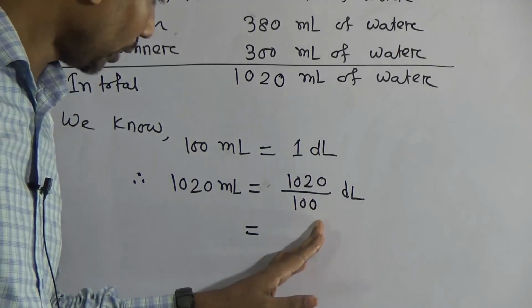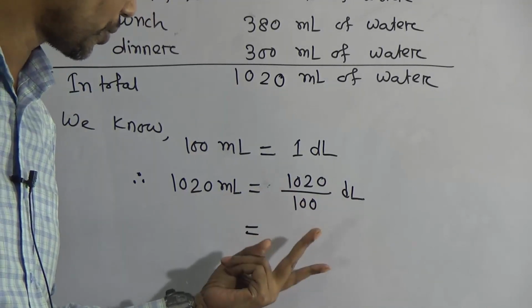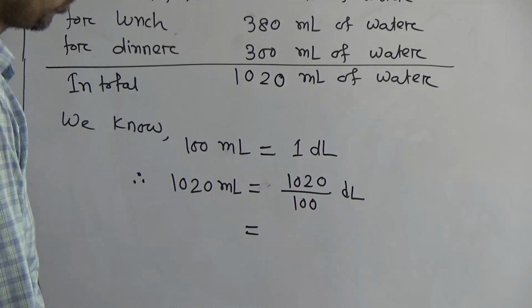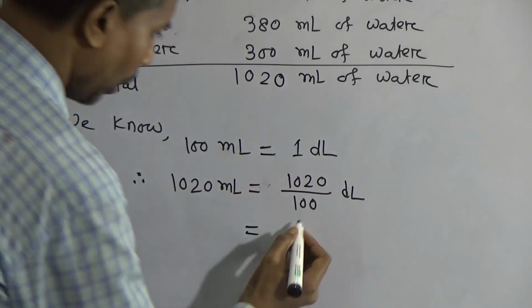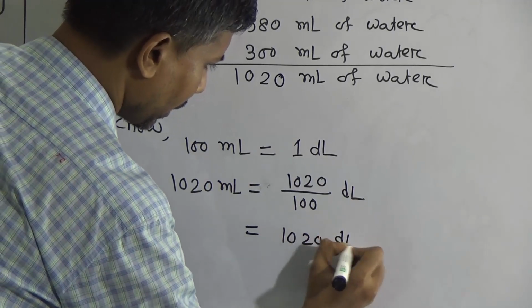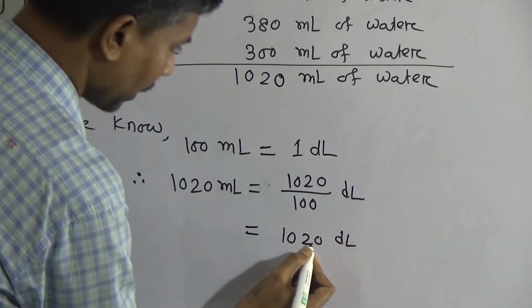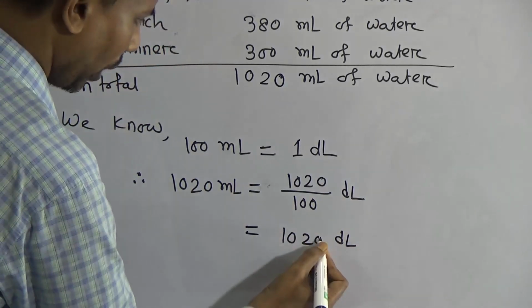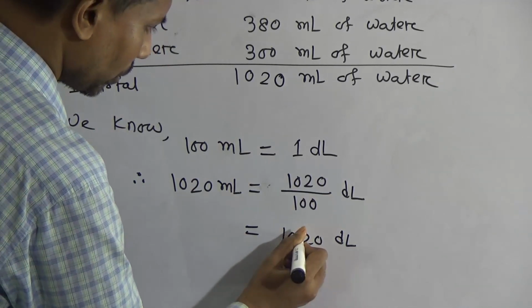Okay, now convert this. Look, 2 zeros. So we have to divide 1020 by 100. How can we write 1020 deciliter? That means put the point after 2 digits from right to left. Okay, student.